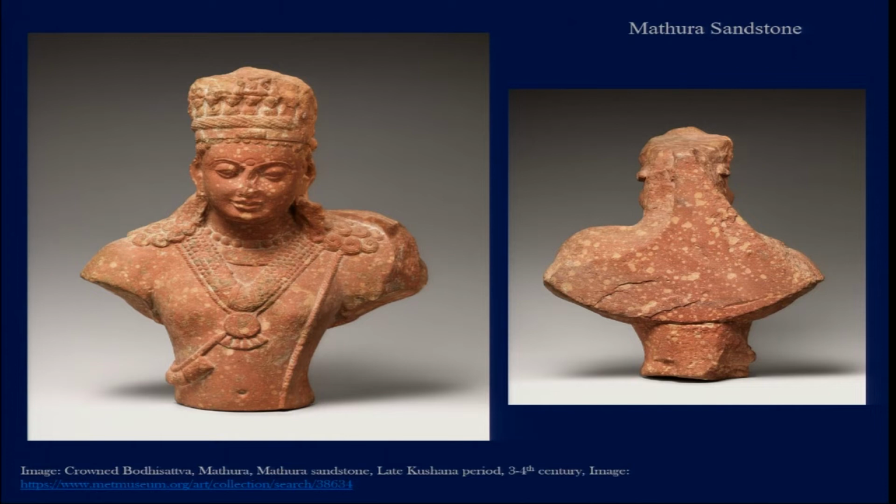In terms of the other details, what we find here is the elaborate jewelry that the Bodhisattva wears, starting with the broad necklaces, and then this thread that runs from his left shoulder to the right waist, and then of course other threads which can be made of pearls or other jewels.